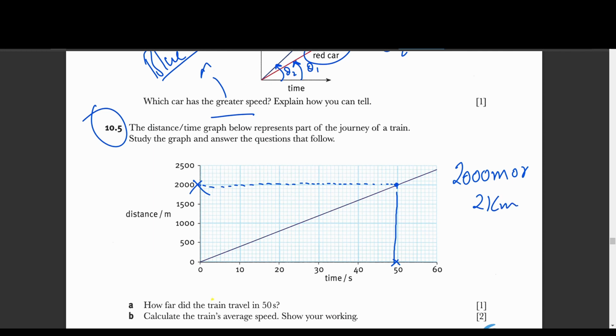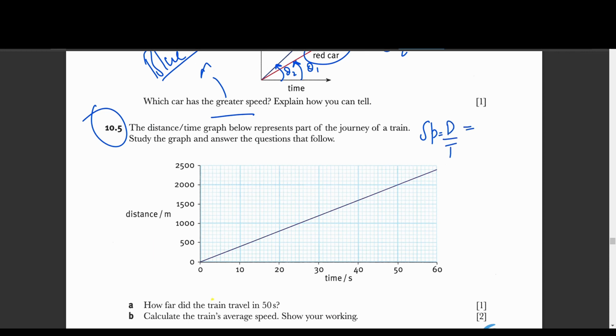That's simple. Okay. Calculate the train's average speed. Show your working. In order to find the speed, I must know the distance, I must know the time, and I'll divide distance by time. Now have a look at this point. At this point, if you want to know the distance, you drop a perpendicular on the y-axis.